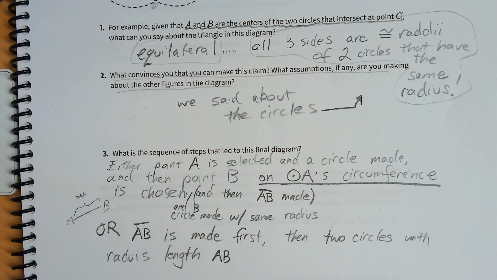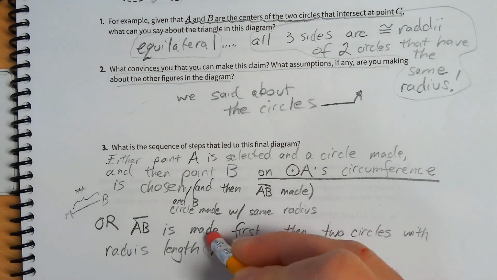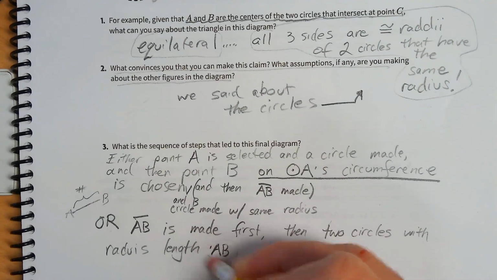This is what the book is talking about when it says reasoning from a diagram. When specific measurements don't matter, specific lengths don't matter, no matter what they are, it still works. And when that's the case, you want to use symbols for that distance, because it doesn't matter what it is. Then you use the endpoints, and that stands for the length between those endpoints, no matter what it is.